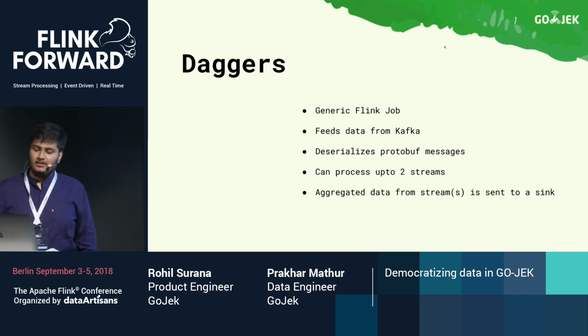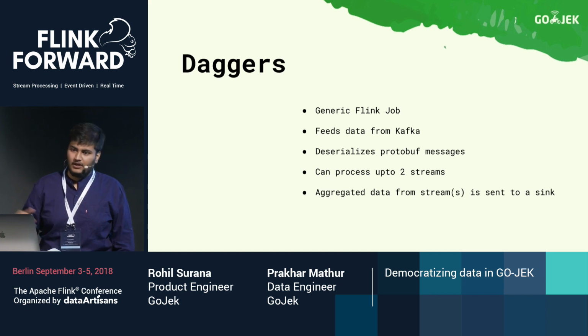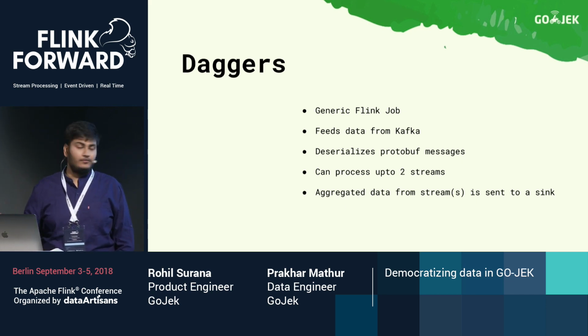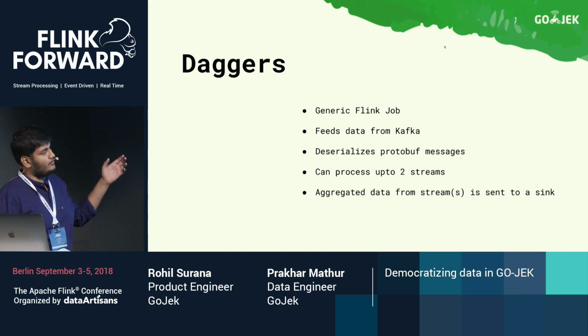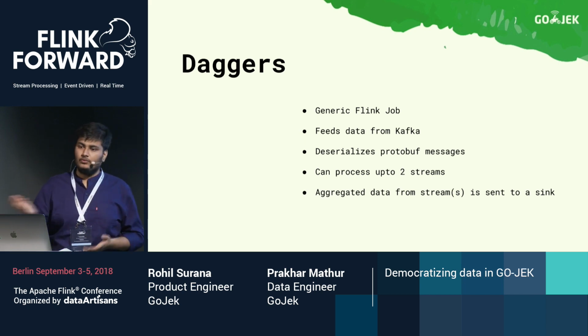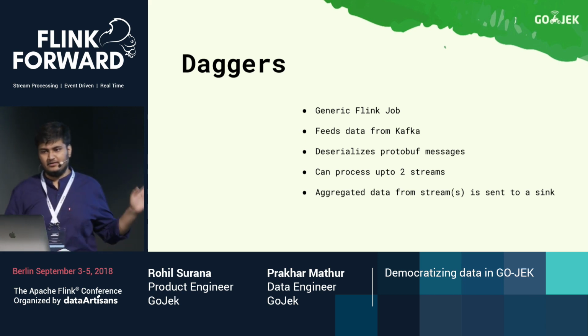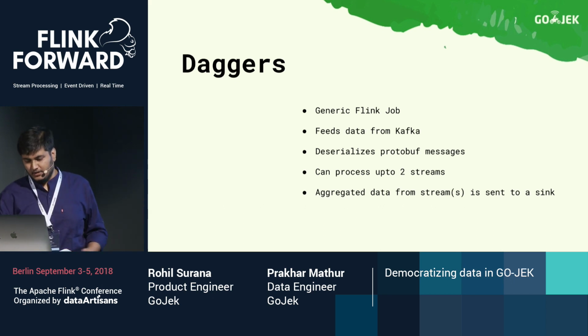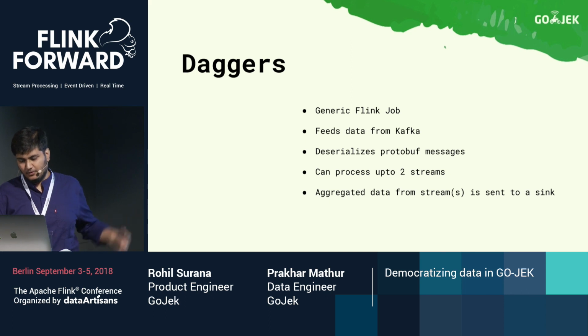What it does is that it takes in data from a Kafka stream, and all of our messages are in protobuf format. So it deserializes the protobuf messages, puts them into a Flink data stream table, applies the SQL query on top of it, aggregates the stream, and sends it into a sink.